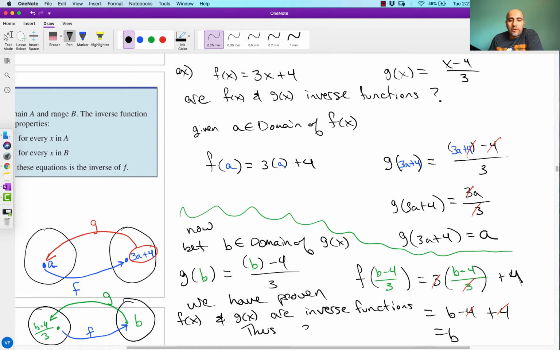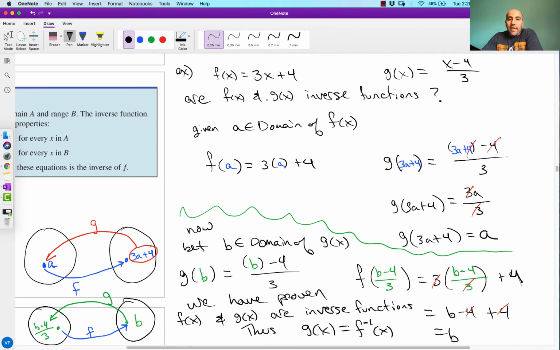Thus, we can say that g of x is actually the same as f with this little minus 1 like this. It's just the notation style we adopt to let people know that g and f are inverses of each other. Otherwise, how would people know, right?